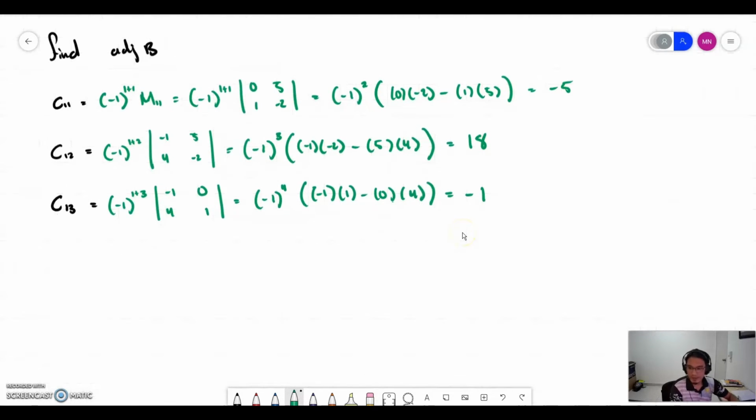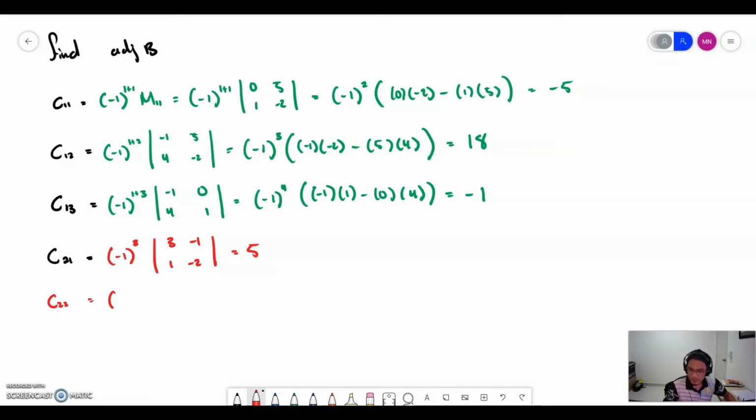Now let's do the rest of the cofactors in matrix B. C21 is negative 1 to the power of 3, with the minor 3, negative 1, 1, and negative 2. For this one, we have equal to 5.